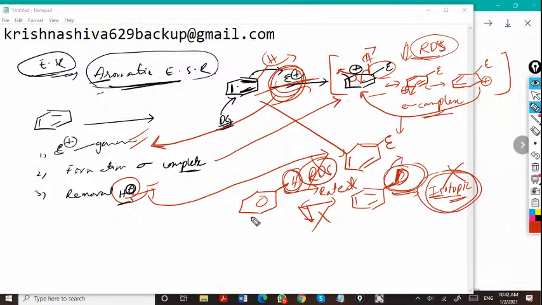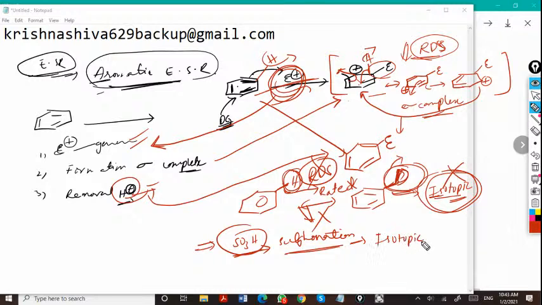One more important point: sulfonation of benzene is going to show an isotopic effect.